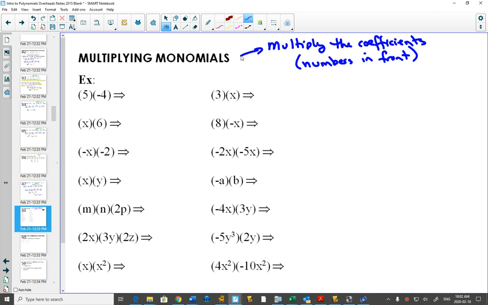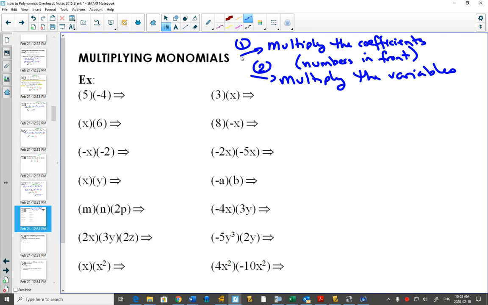And we also, so this is number 1, number 2, we multiply the variables. Multiplying monomials is really quite simple.